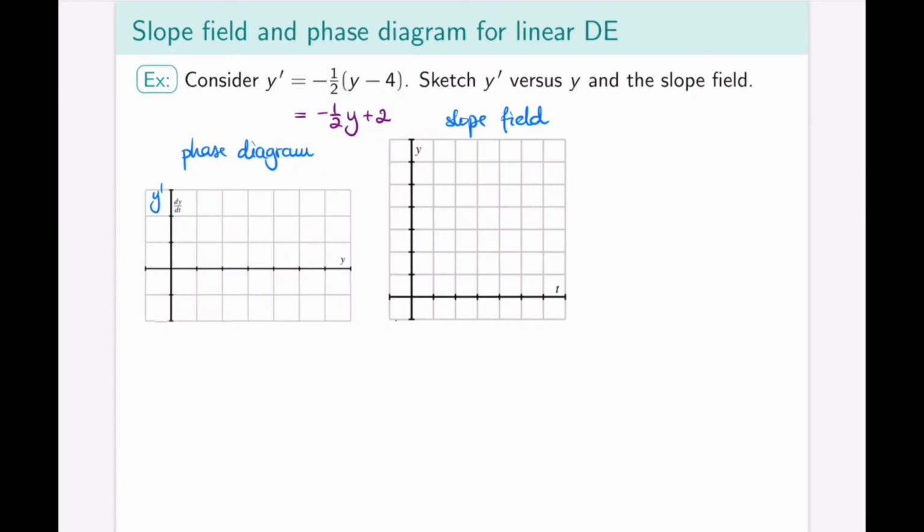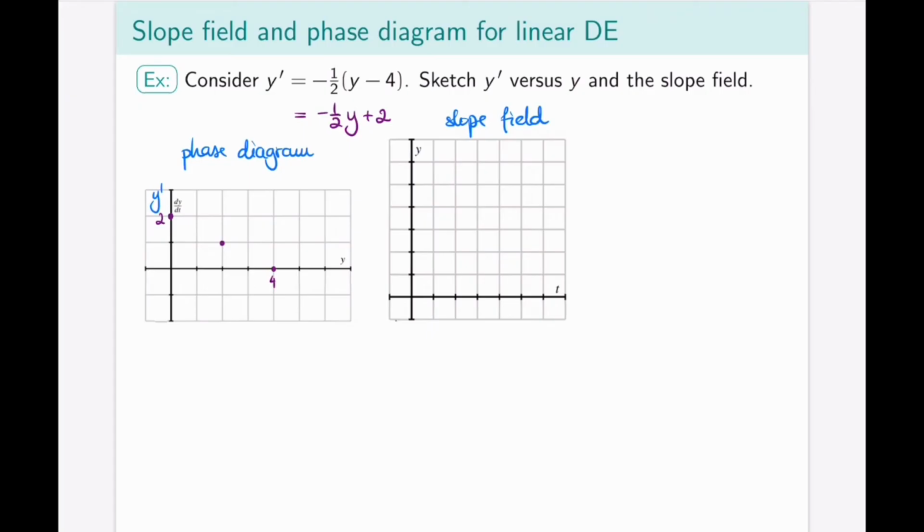If you're more comfortable plugging in specific values of y, that's totally fine too. We can plug in, for example, y equals 0, which will correspond to the point on the vertical axis here. If y is 0, we get that the result is 2. If y, for example, is 2, we will get the overall value of 1. And if y is 4, we're going to get 0, and so on.